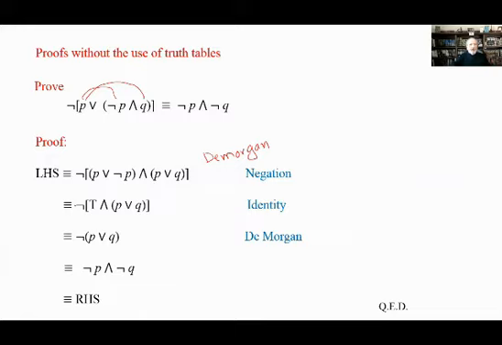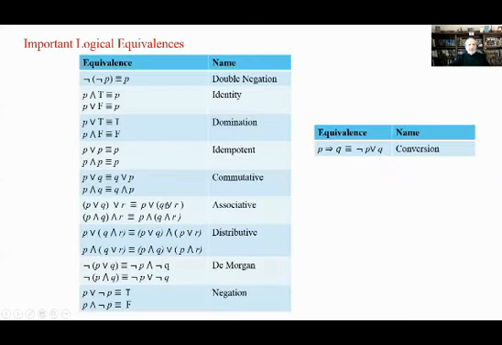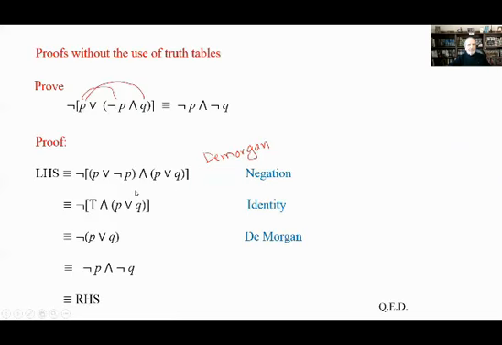Now we reach this point. Now P or not P is true. That's a negation, see? So negation, we apply the negation on this here and we get true.